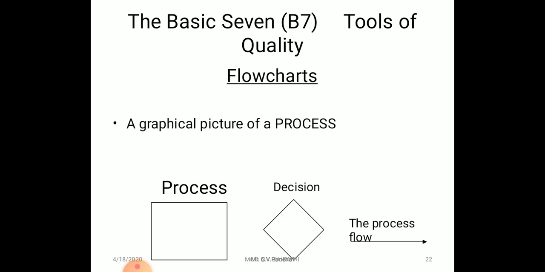For example, if there is a process, then a square symbol can be taken, and if there is a need for a decision, then we can use a diamond shape symbol, and if there is a flow in the process, then we can use an arrow, which will indicate the flow of the process.